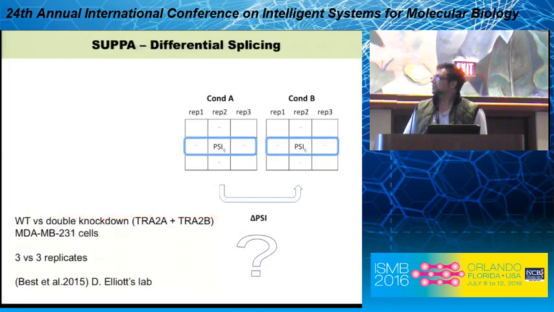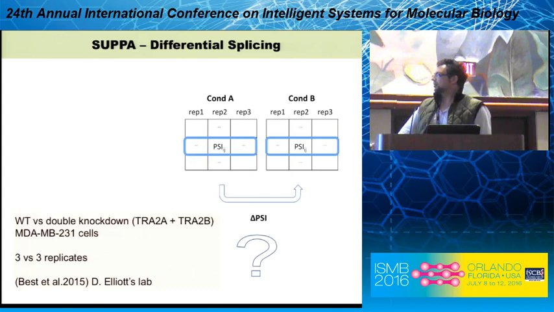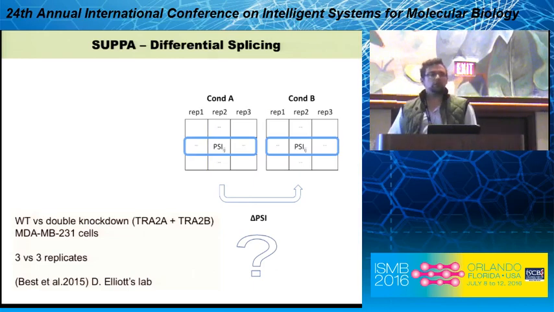To illustrate this, and what we're doing at the moment, I'm using data from David Elliott's lab: two conditions, three samples per condition, with a control and a double knockdown of the TRA2A and TRA2-beta splicing factors. I'll speak about another data set as well.